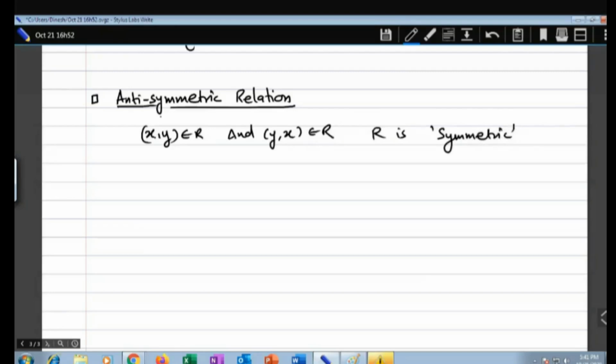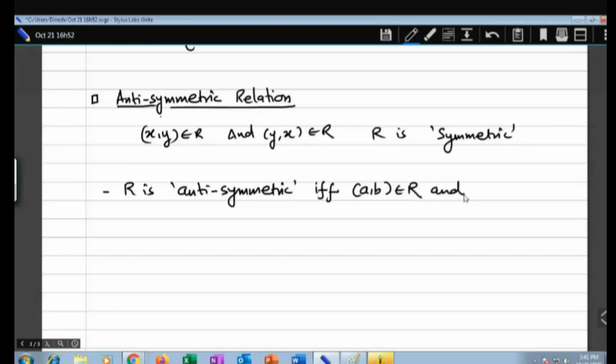Then what is anti-symmetric? Anti-symmetric is a binary relation on a set where R is called anti-symmetric if and only if (a, b) is in R and (b, a) is not in R, unless a is equal to b.